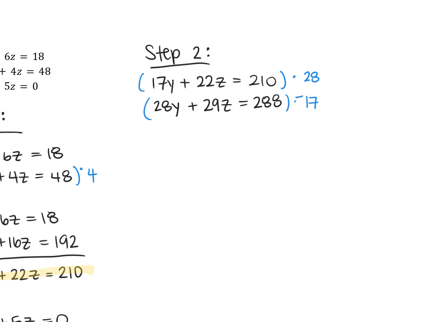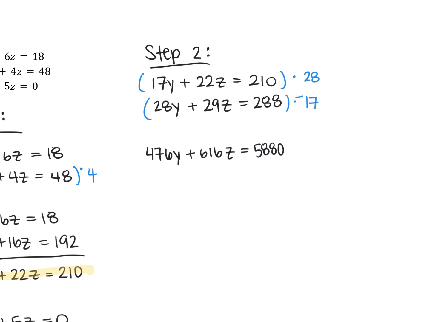So when I multiply my first equation by 28, we'll get 476y plus 616z equals 5,880.